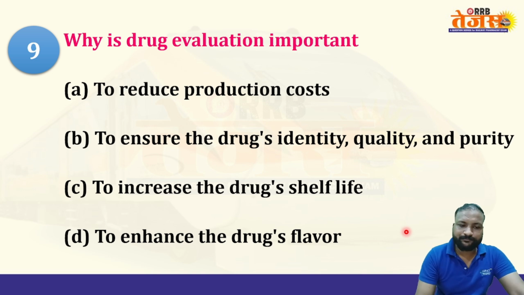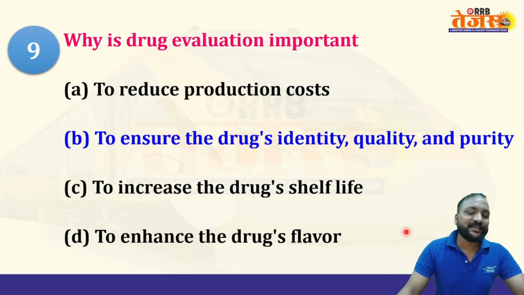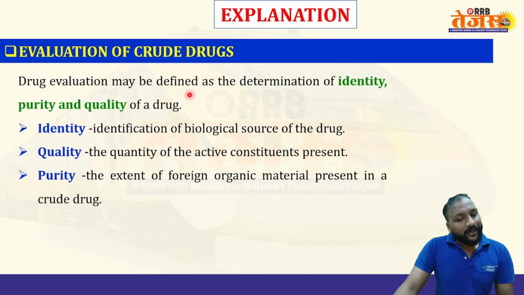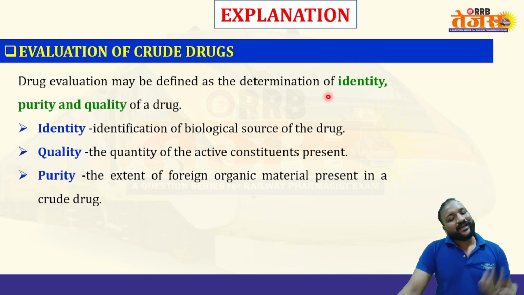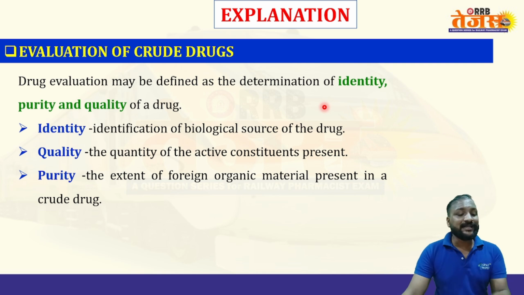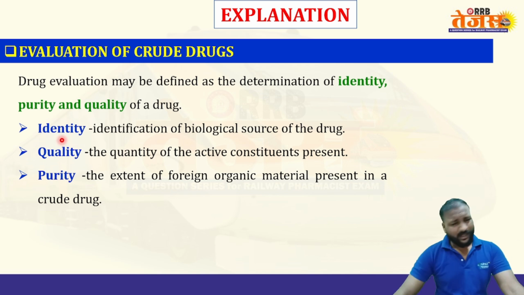So let me check. To ensure the drug's purity, identity, and quality, yes. Evaluation itself, the name evaluation, means determination of its purity, quality, and identity. Okay, confirmation of its identity and determination of purity and quality of the drug is known as evaluation.